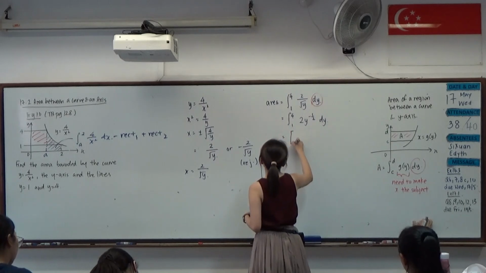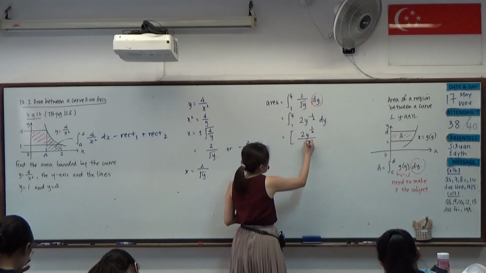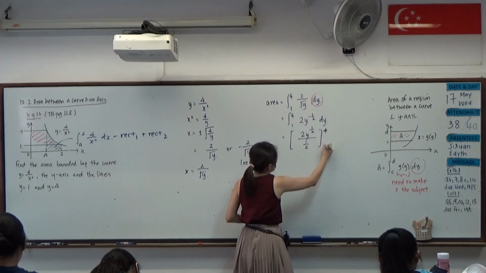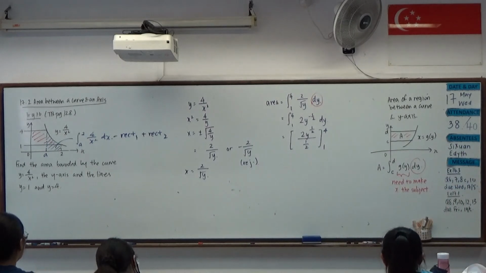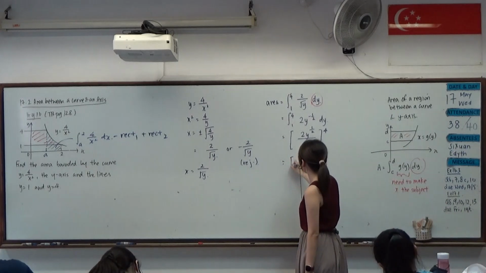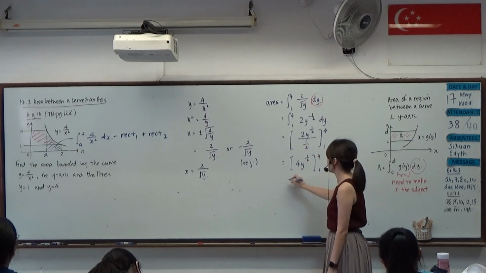To integrate this, we will have 2y, power plus 1 is half, divided by the power, and then from 1 to 4. Since we are dividing by half, it means times 2, so we are having 4y to the power of half, from 1 to 4.